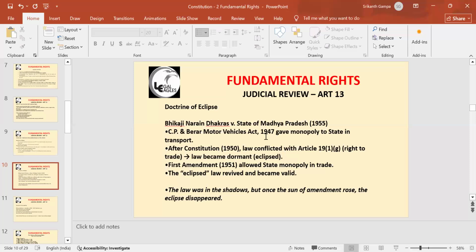So what the doctrine of eclipse does is, if there is any pre-constitutional law which is not consistent with the constitution, then it will be eclipsed. They will not totally abolish that law, but that law will be eclipsed. It will not be functional for some time.